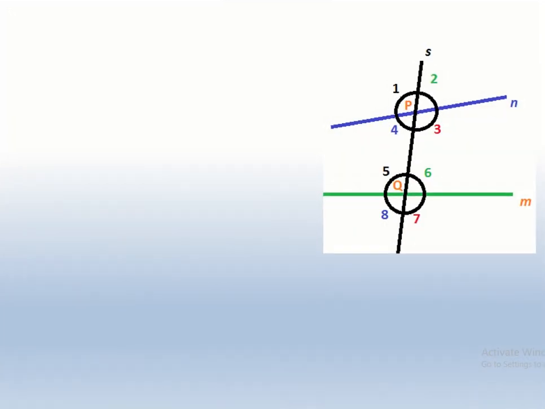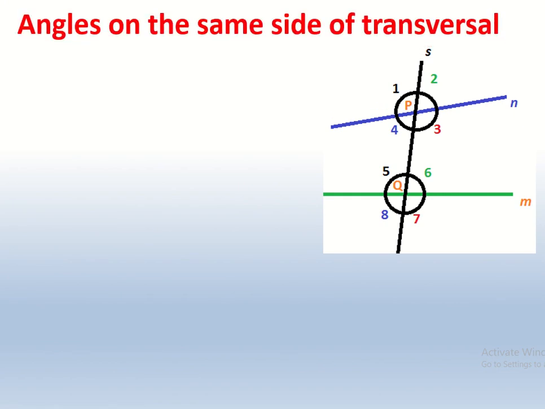Now we will see the different pairs of angles formed by the transversal with these two lines. We will categorize them into two groups. The first one is angles that lie on the same side of the transversal. That means those angles which lie either on the left side of the transversal or on the right side of the transversal.